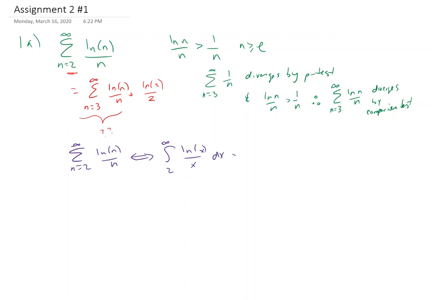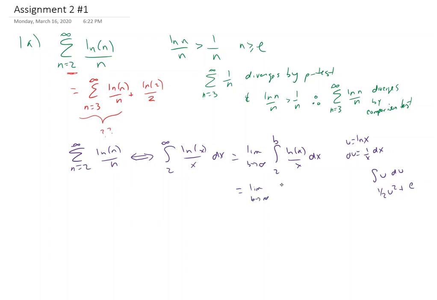So now if we want to evaluate this, we can just evaluate the limit as b goes to infinity. If you do a quick u sub, your du is going to be 1 over x dx. So it's basically going to be the integral of u du, which is going to be 1/2 u squared. I'm just doing that for those of you that wonder where it comes from. But back to where we were.